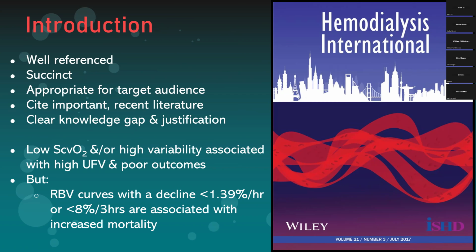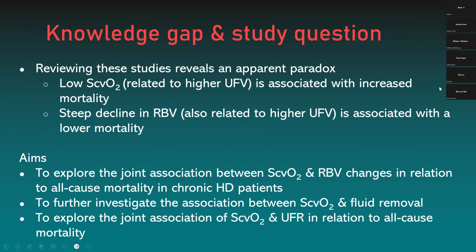They present this paradox: on the one hand, a low central venous oxygen saturation, which has been associated with high ultrafiltration volumes and rates, is bad, because it's associated with increased mortality. But if you don't have a rapid decline in your blood volume and you're not tolerating high ultrafiltration volumes and rates, then that's also bad. So it's this kind of paradox.